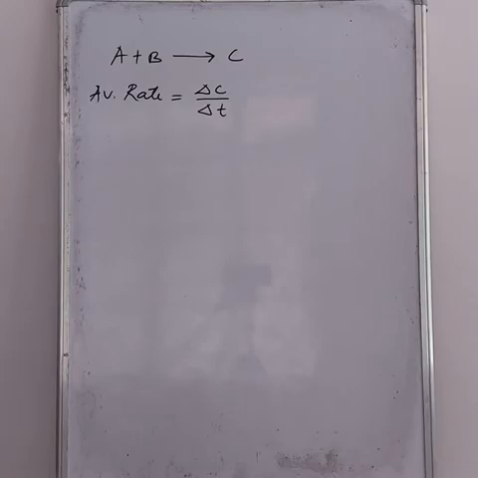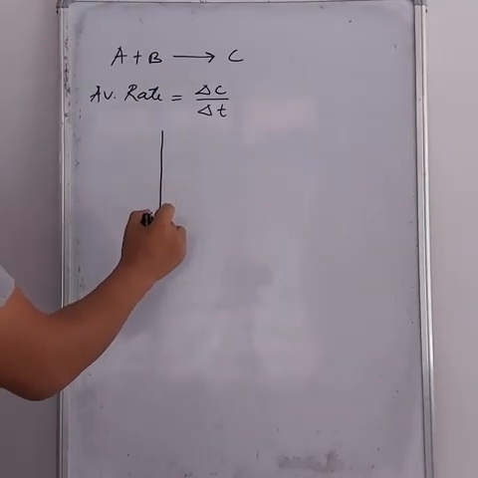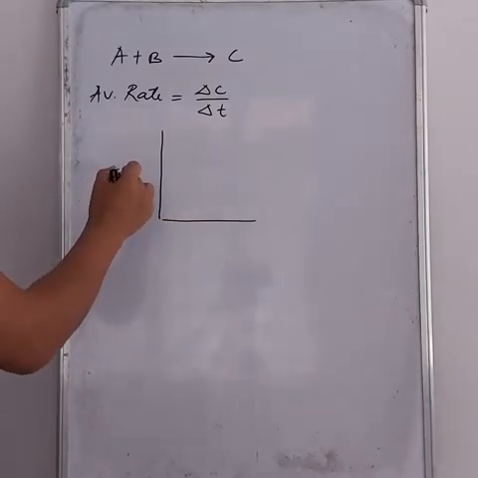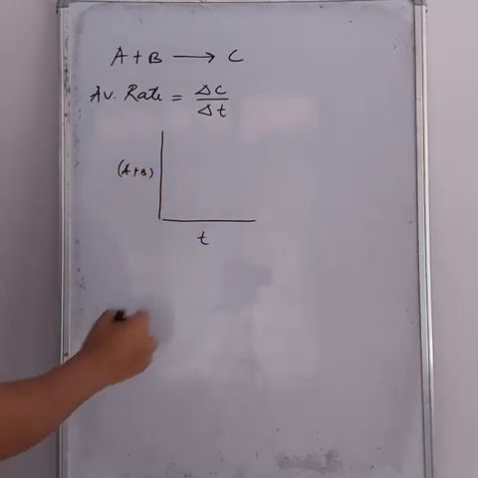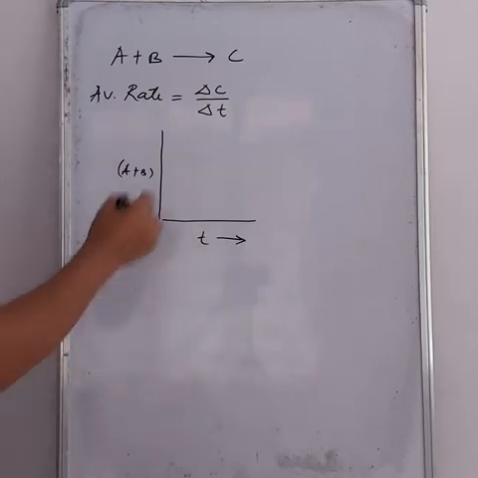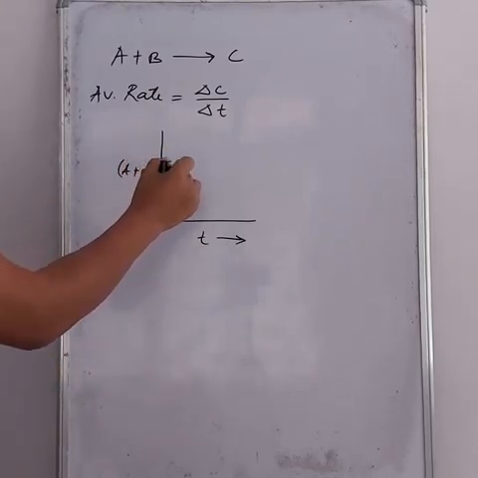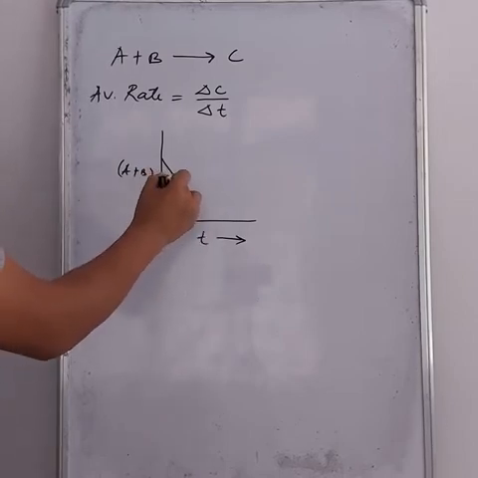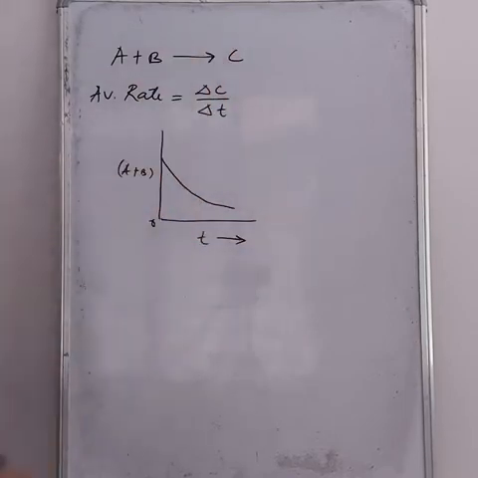Suppose in a graph we have the concentrations of A plus B here, and the time here. We have the initial concentration, and once the time starts moving, the concentration decreases to give us C, our product.